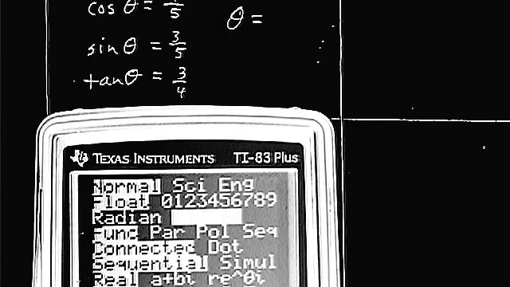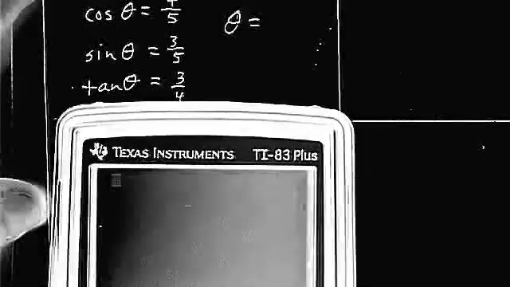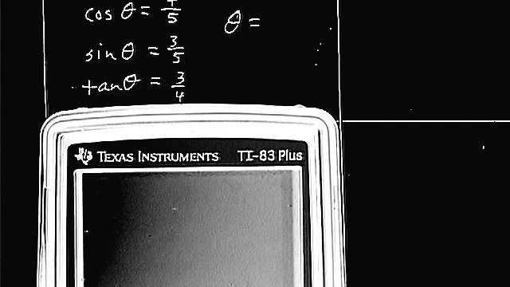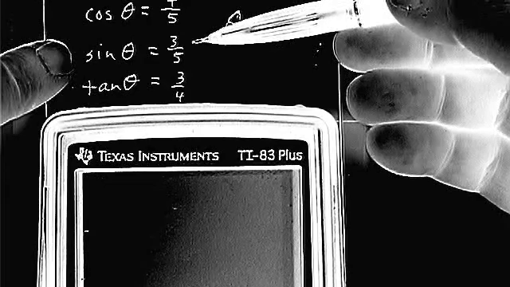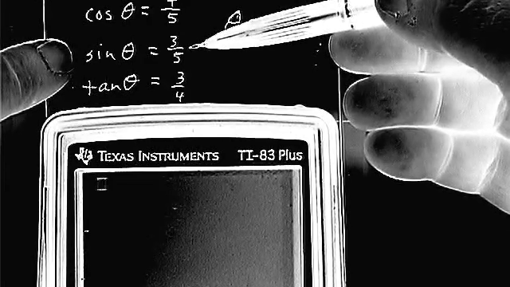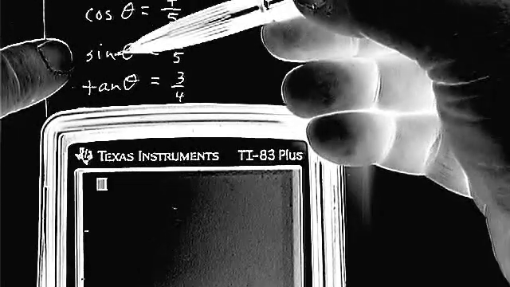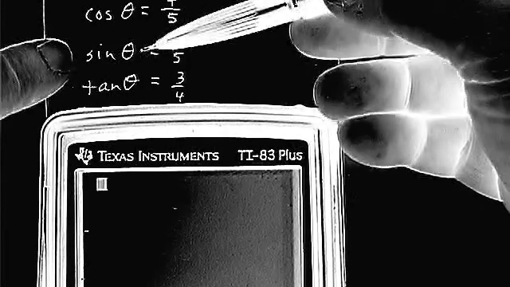Okay. How can we use this? Pick one of these. Which of the 3 should I use? Doesn't matter. Sine. She'd like to use sine. Okay. So how do I use this to get rid of sine and just leave theta on the left side?